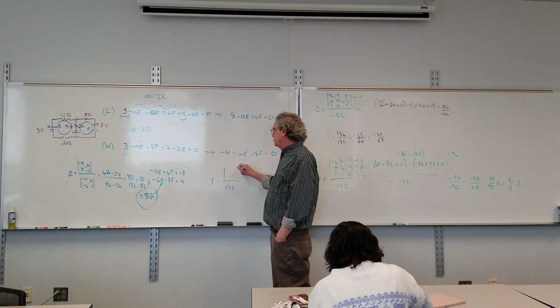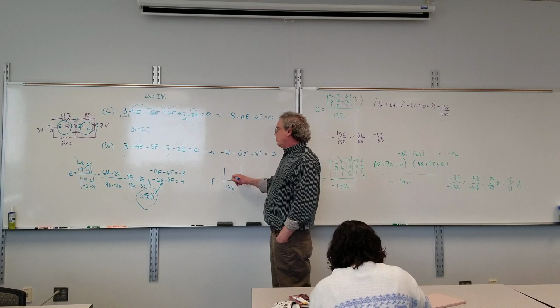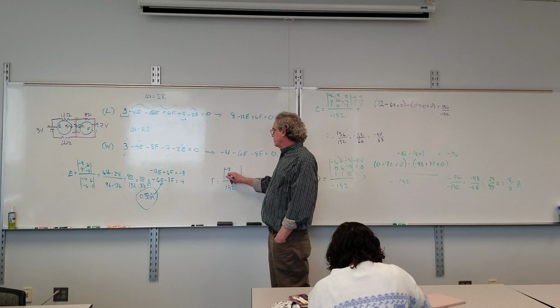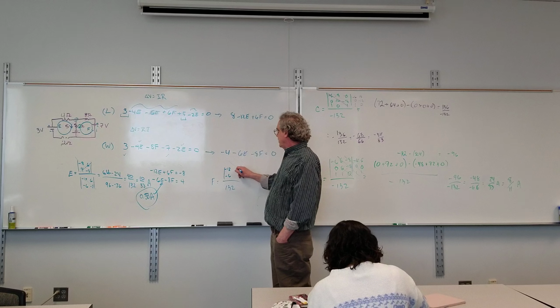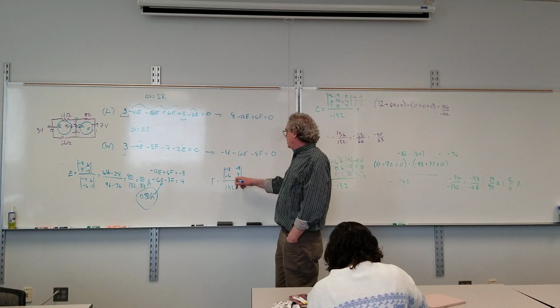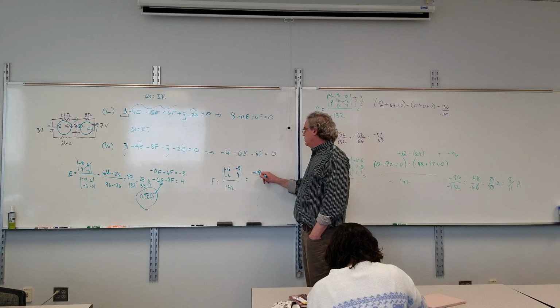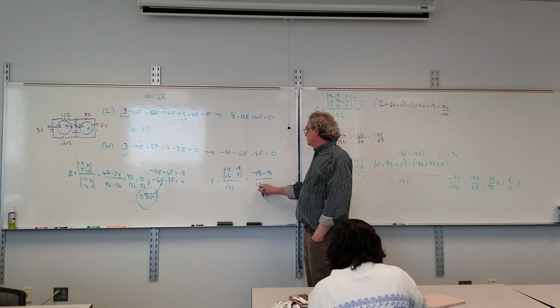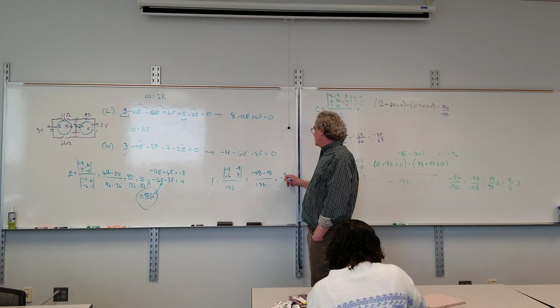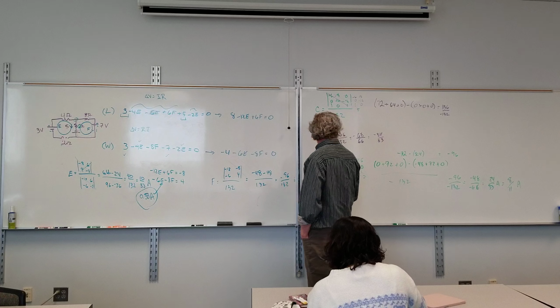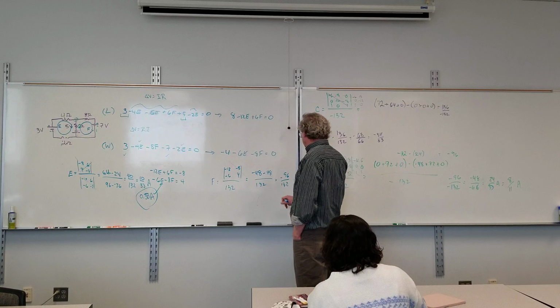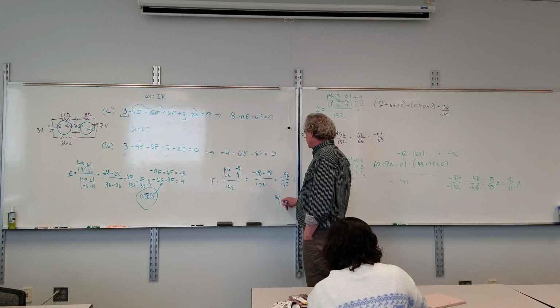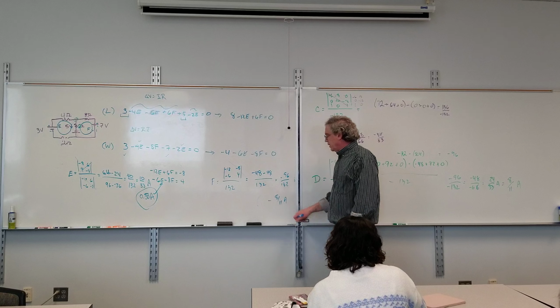The numerator, I'm replacing the second column, so this is -12, -6, and then -8, 4. And so I end up with -48 minus 48, which is -96 over 132, which is -8/11.